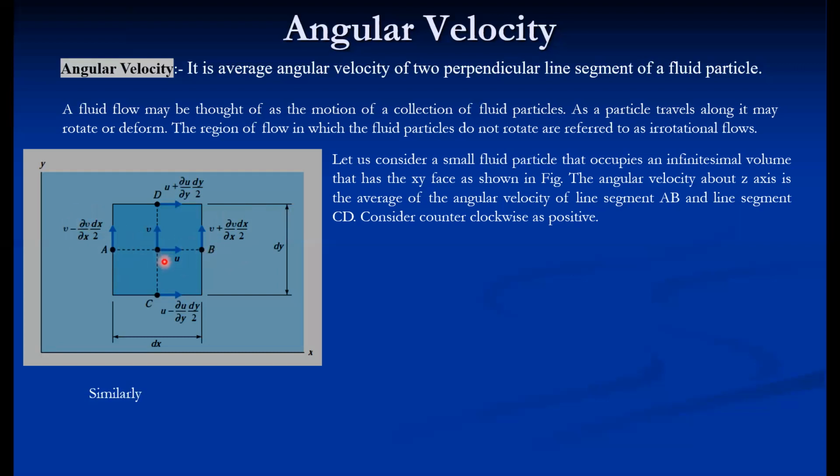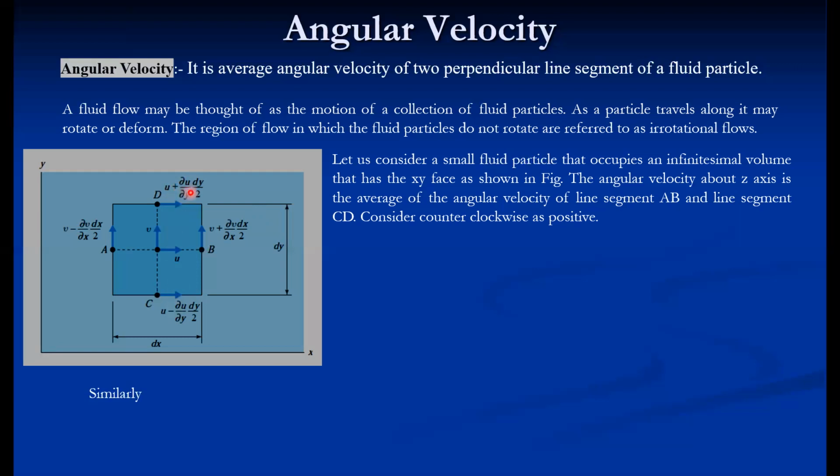In the same way, we can calculate the x component velocity variation along this particular line. So here, if it is u, as per the Taylor's expansion, in this direction there is a positive change. So u is f(x) plus f'(x). In this case, it is f(y), because u is a function of y only.